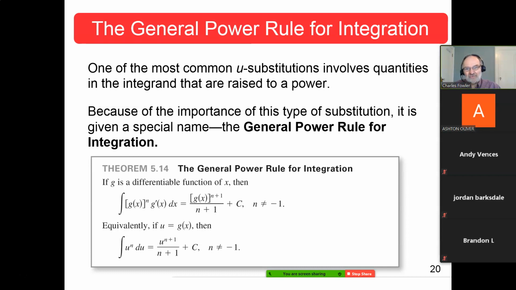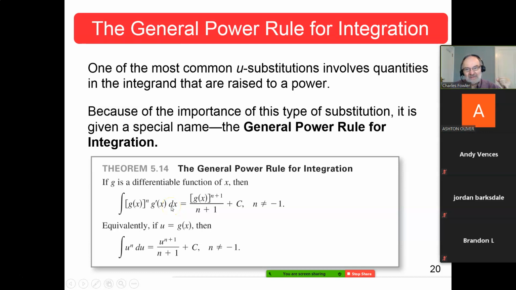Most of the time we don't do irrationals this way, so don't sweat irrationals yet, but certainly any rational number n will work, except n equal to minus 1, because then you would wind up with a 0 in the denominator. We can't have that. And of course you know what it would be if this was g of x to the minus 1 times g prime of x dx.